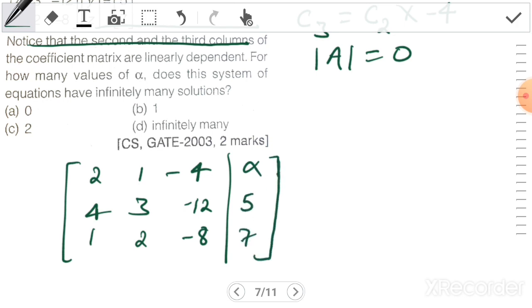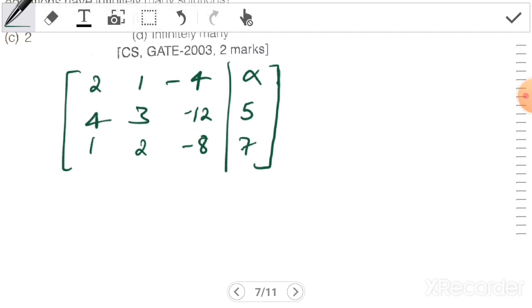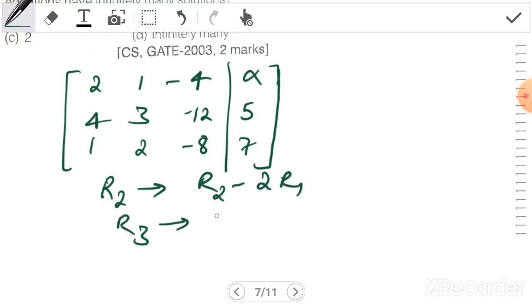Now performing row operations. R2 changes to R2 minus 2R1. R3 changes to R3 minus half R1.